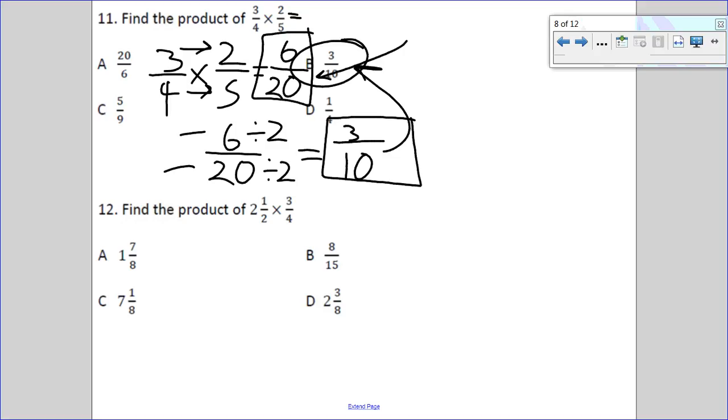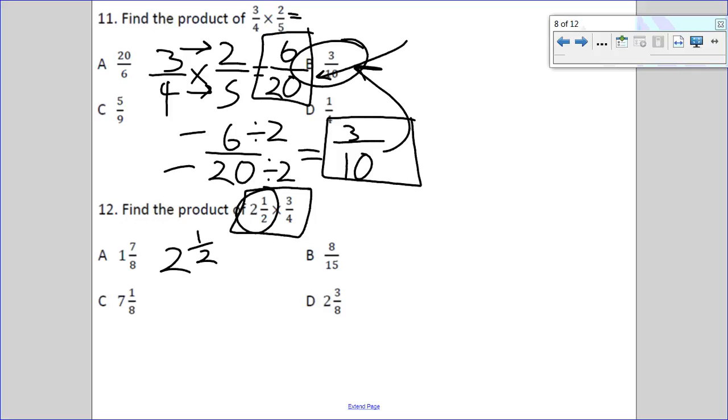Number 12, find the product of 2 and 1/2 times 3/4. So this is a mixed number. We know this means 2 and 1/2, or 2 plus 1/2. Okay, either way you want to do that. But we need to change that into a fraction, because we cannot multiply this as it stands.